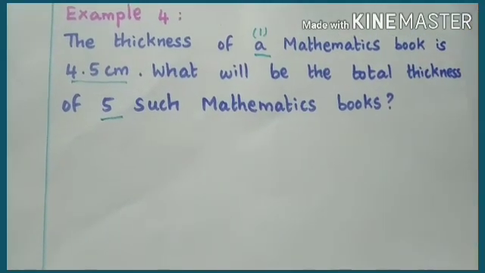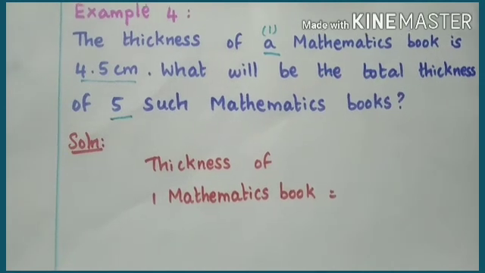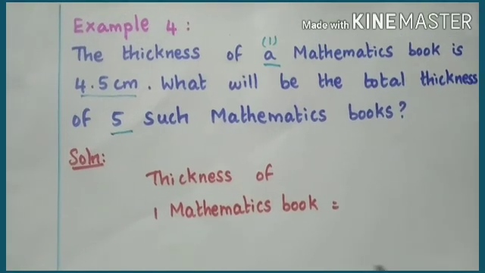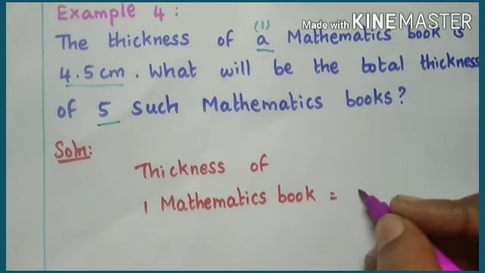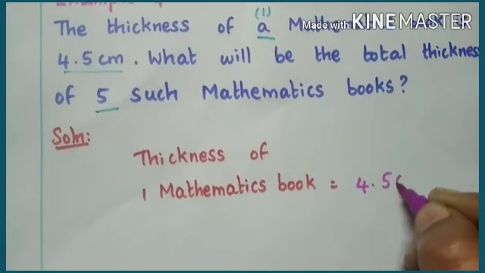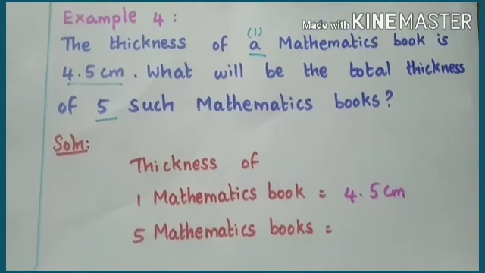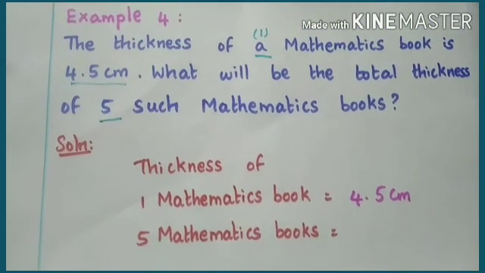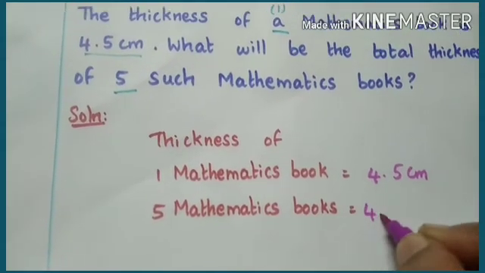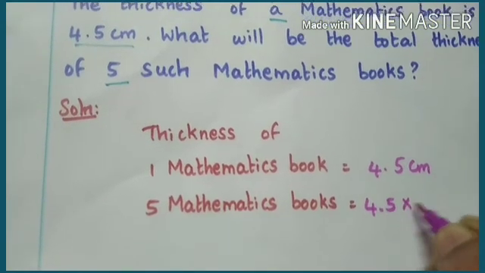Let's write. Thickness of one mathematics book is equal to 4.5 centimeter. We have to find thickness of 5 mathematics books. So, we should multiply 4.5 by 5.